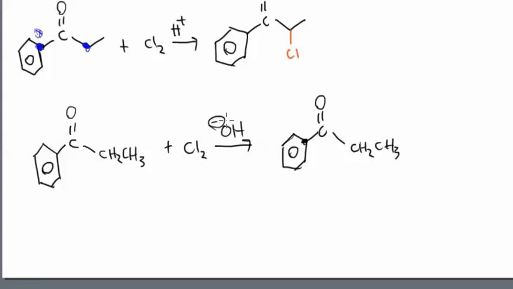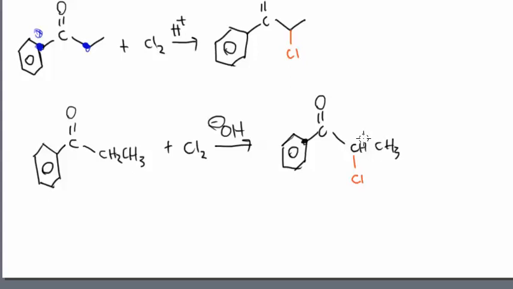Under a base-catalyzed reaction, we first substitute one of the hydrogens with the halogen. So Cl goes on in the first round. Under basic conditions, however, this is allowed to happen again.